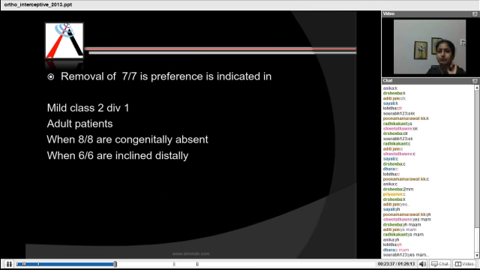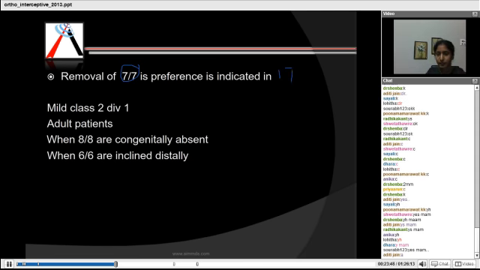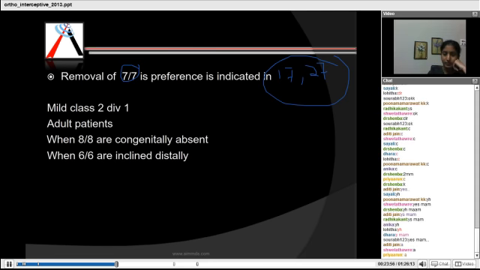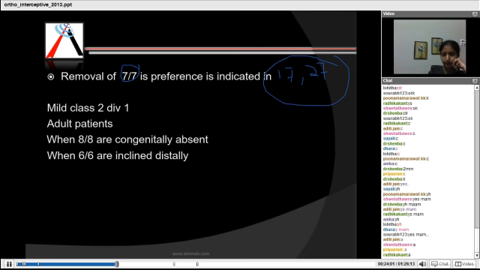Next is removal of 7-7 is preferably indicated in, see, according to me this 7 they mean is by 1-7 and 2-7, the upper 7. So what will you do here? It is indicated in which cases?